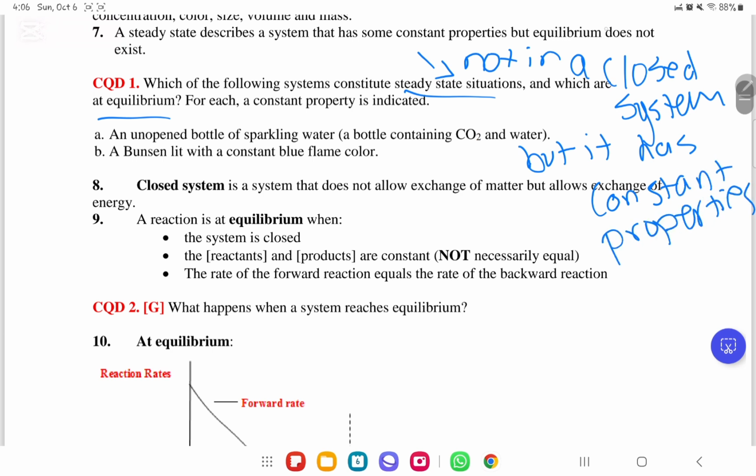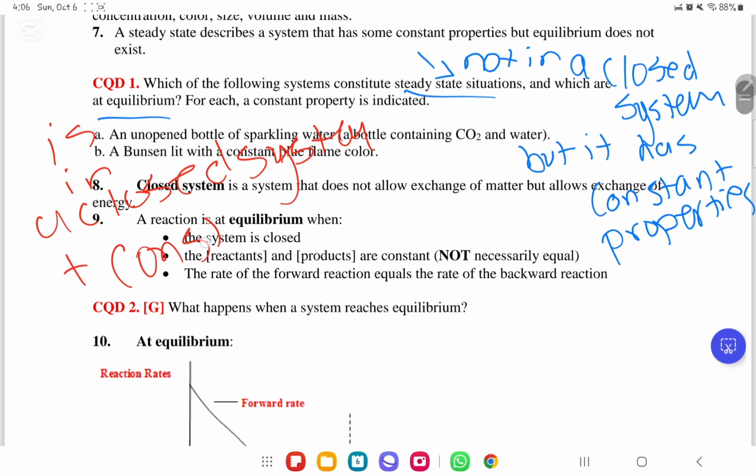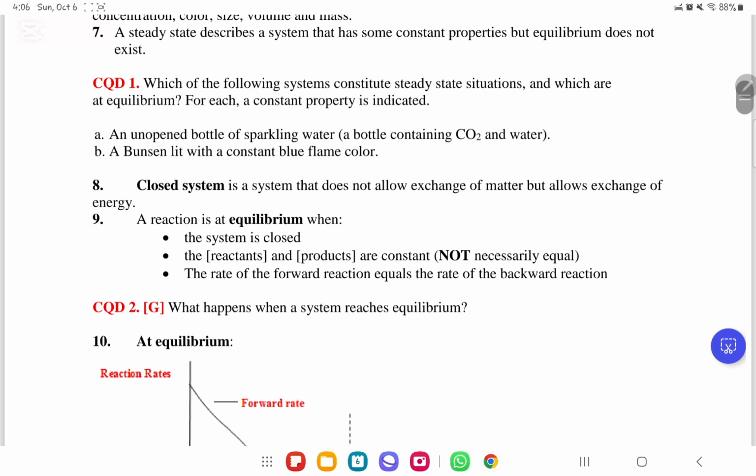All right, then when we're talking about equilibrium, it is in a closed system and it has constant properties. So that means if we're talking about a steady state situation or equilibrium, we are gonna see now.